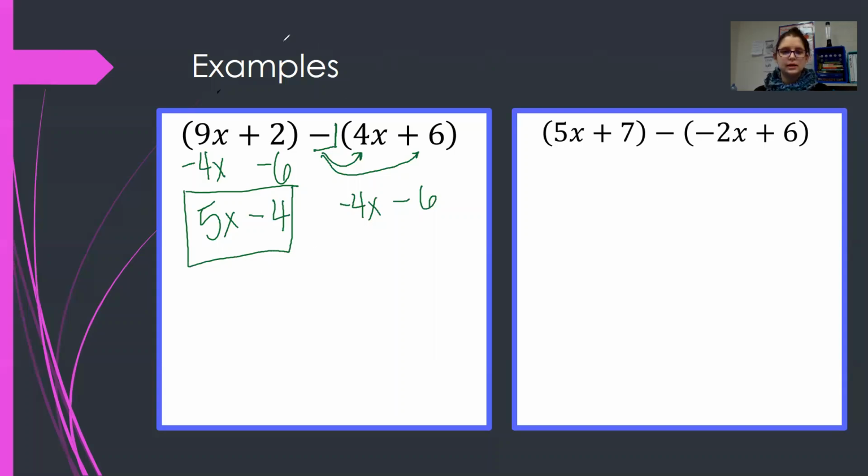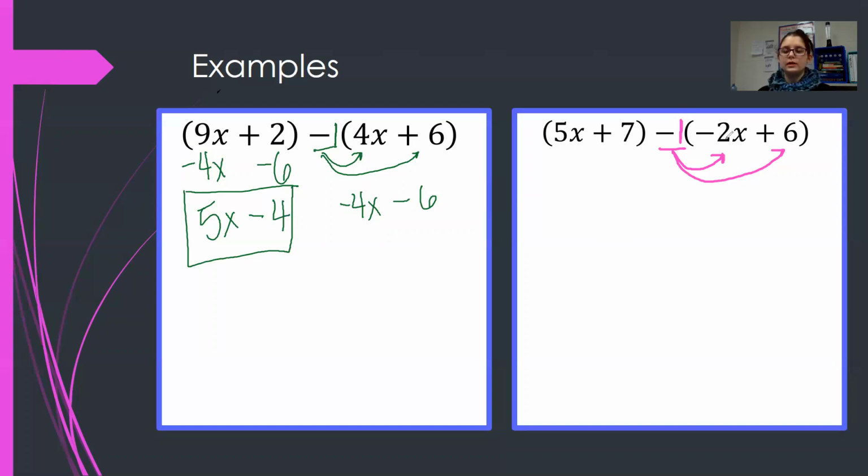Okay, let's look at the next one. We have 5x plus 7 minus negative 2x plus 6. I'm going to put my 1 in. Think about it as a negative 1 and distribute. Now, a lot of times I will skip the step of writing my distributive property off to the side and automatically go ahead and stack it. And that's what I'm going to do in this example.